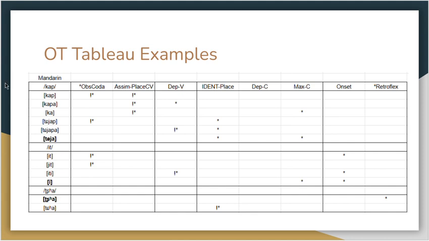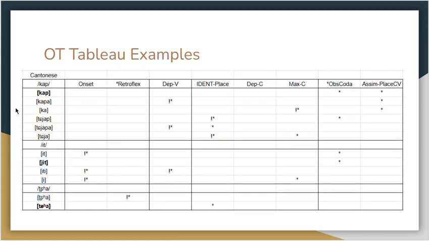So by looking at this table, the optimal candidate of the first word will be 甲, of E it will be only the nucleus, and for cha it will be the one pronounced with retroflex.